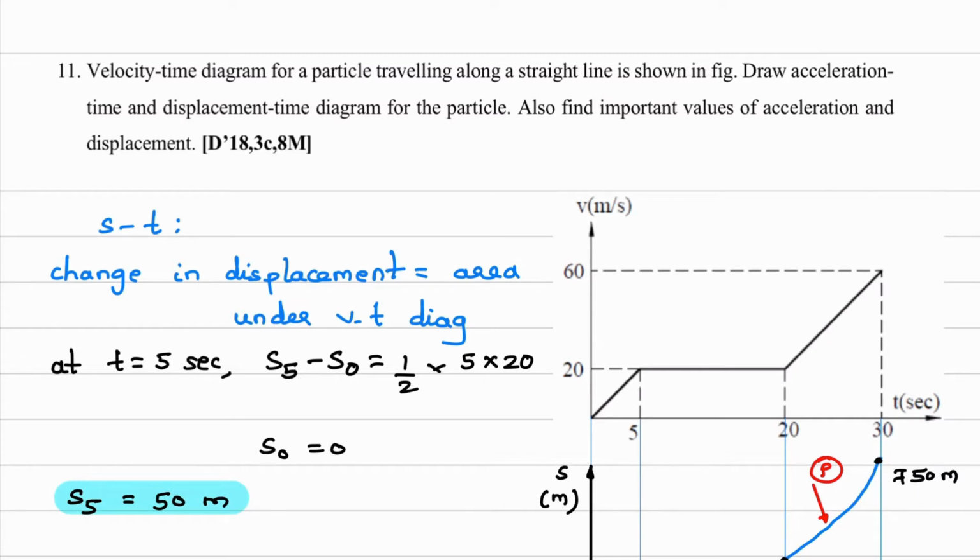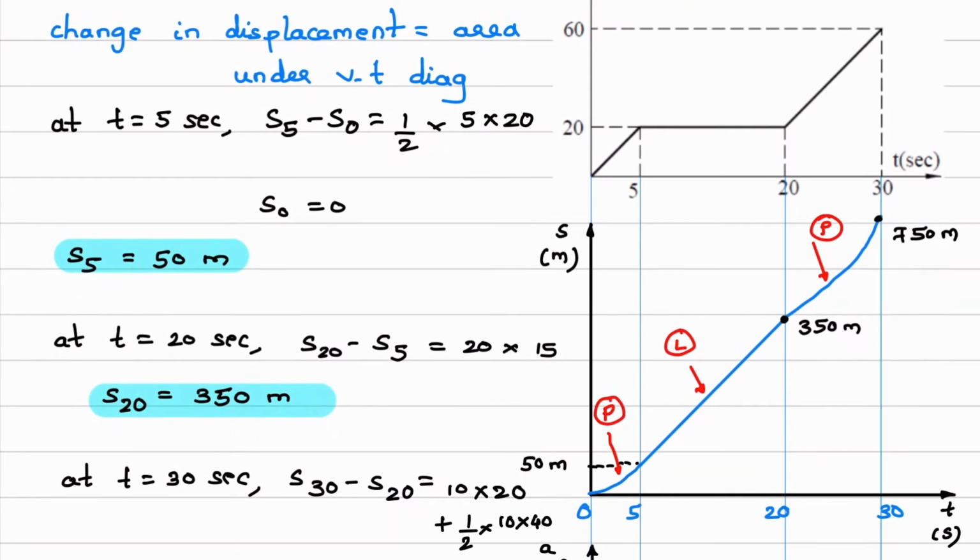Now based on this logic, change in displacement is area under the VT diagram. So we calculated S5 minus S0 is the area under this VT diagram, which was a triangle. Then S20 minus S5 is the area of this rectangle, so we calculated from there S20.